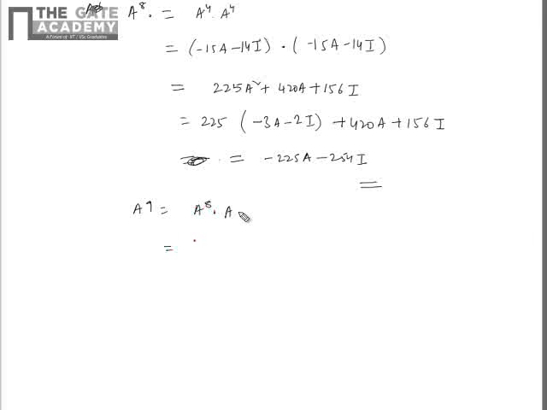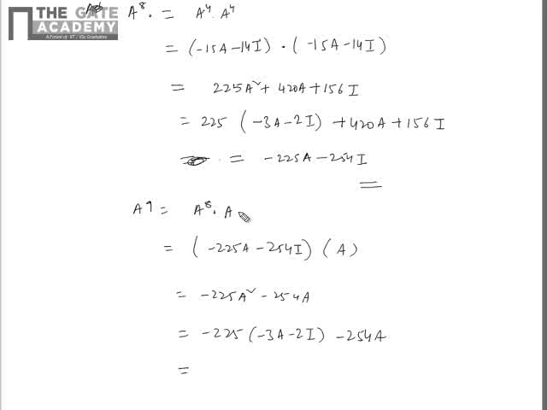So A power 8 into A, and A power 8 is minus 225A minus 254I, into A. This will give minus 225A square minus 254A, and A square I can always write as minus 3A minus 2I from the Cayley-Hamilton theorem.